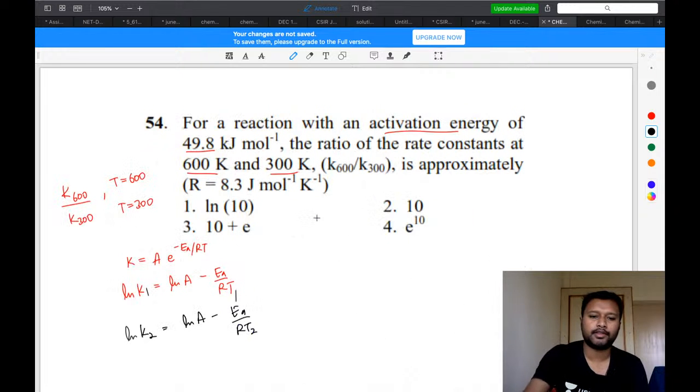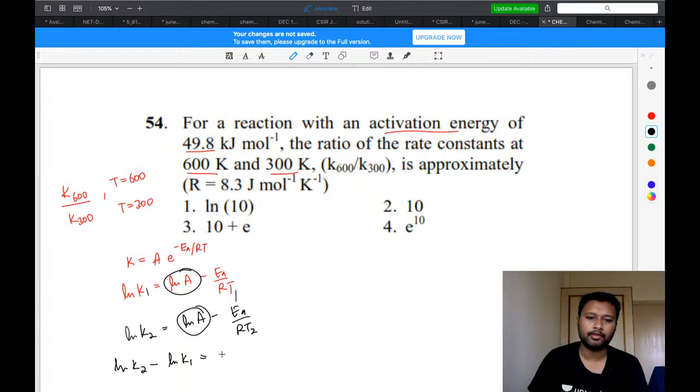So if you take the subtraction of both of them, you are going to have ln K2 minus ln K1 equals, this part will get cancelled out in both of them, you will get minus EA upon RT2, and minus will make it plus EA upon RT1.